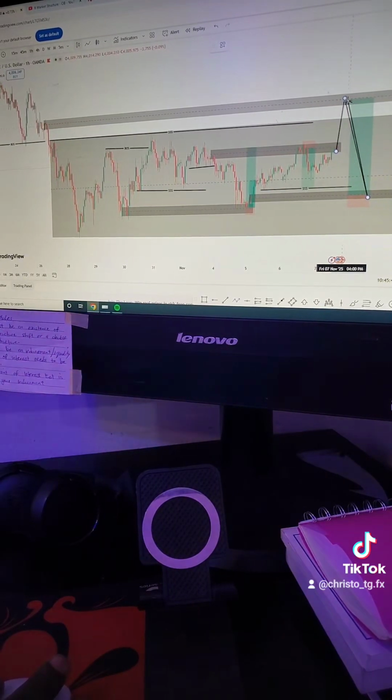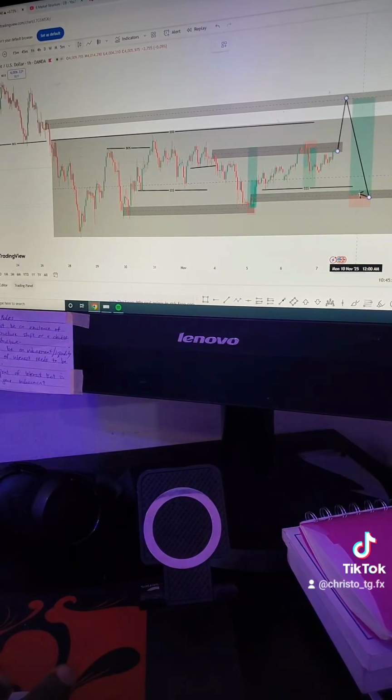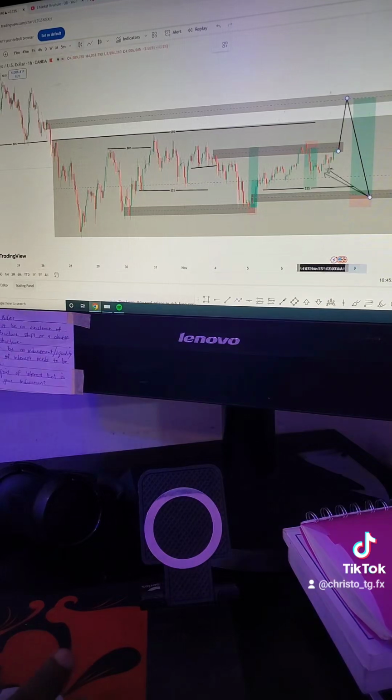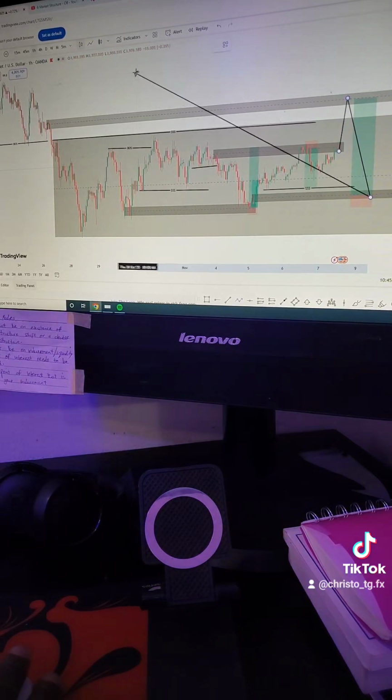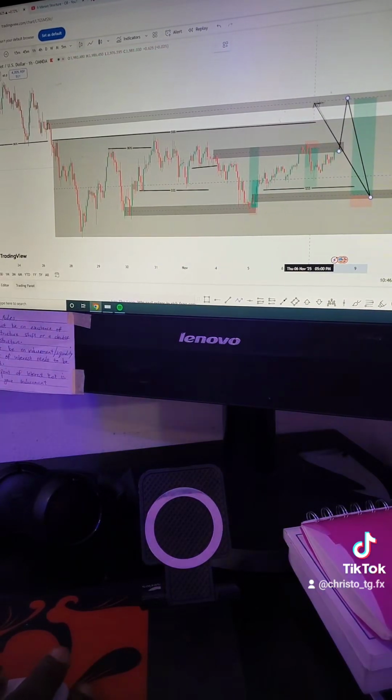A major sell here or this buy, because we have a change of character to the upside, so we must tap into this zone before we have a buy that can break this zone. If I'm not tapping into this zone, I'm going to sell from here.